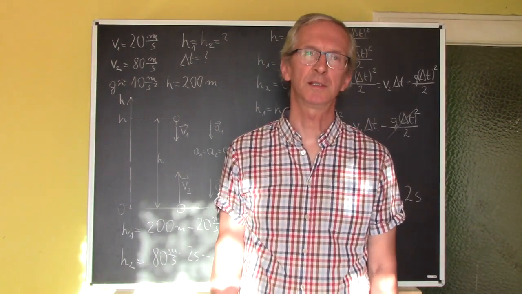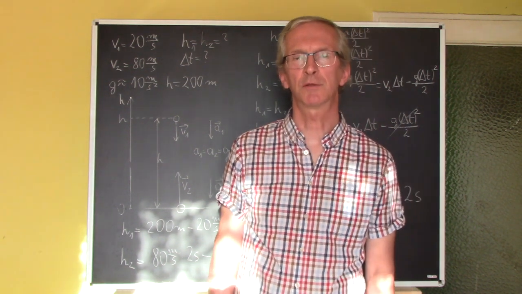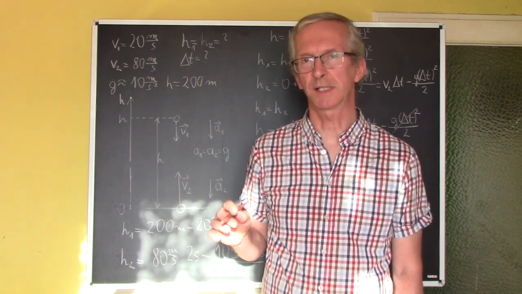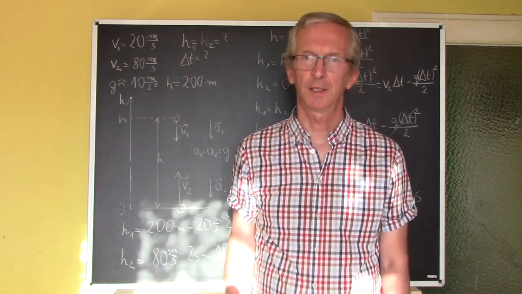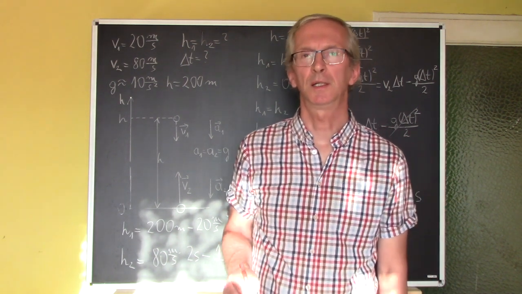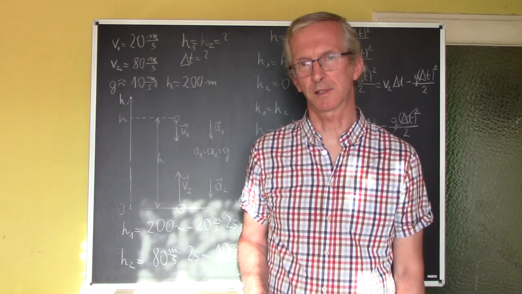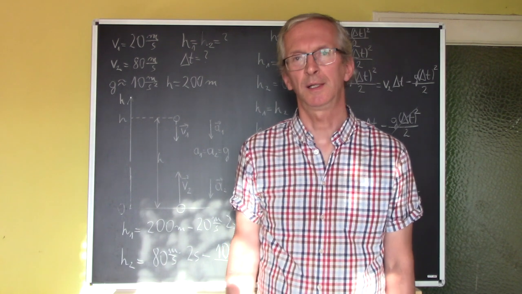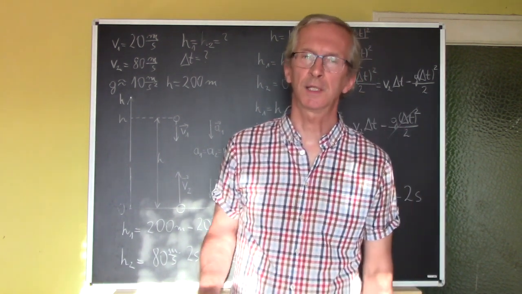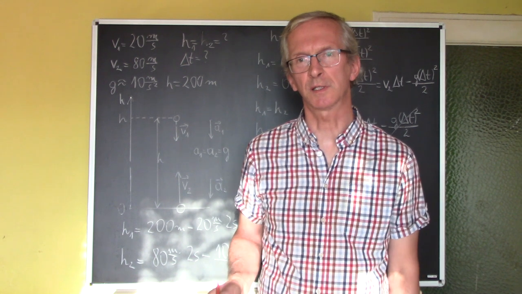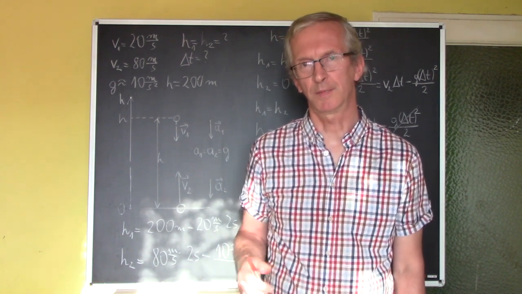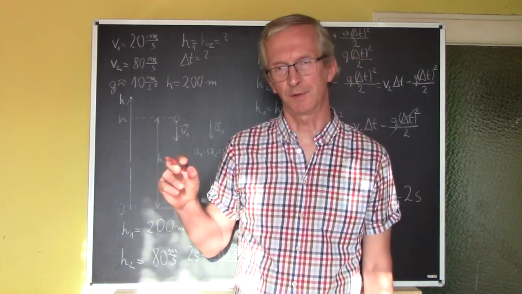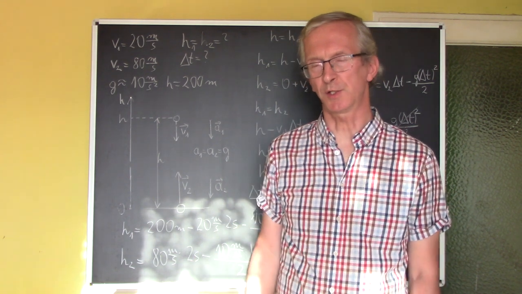We know from Newton's second law that the magnitude of the acceleration vector is equal to the magnitude of the resultant force divided by the mass. In this task we assume that the frame of reference connected with the surface of the Earth is an inertial frame of reference, and we can replace the force of gravity by weight, and weight is equal to mass multiplied by g, the gravitational acceleration.